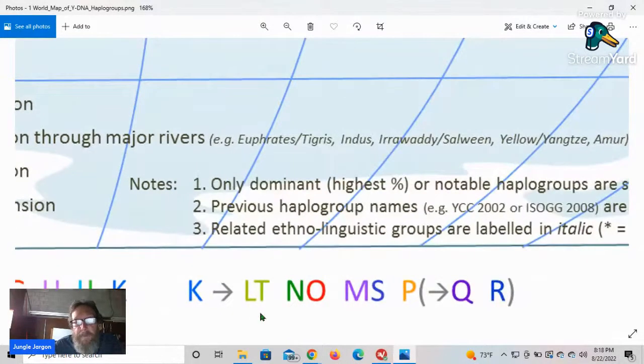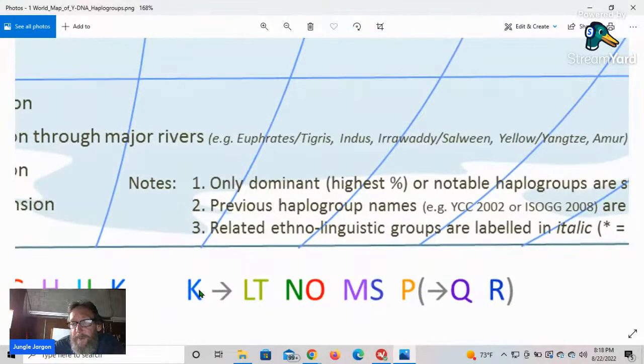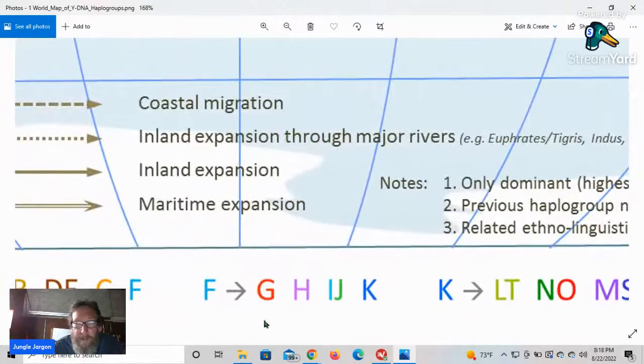But then you have all these haplogroups here: K, L, M, N, O, P, Q, R, S, and T. He says they're all Semitic. Now, how did Shem get that many Semitic descendants? I have no idea why he believes that.